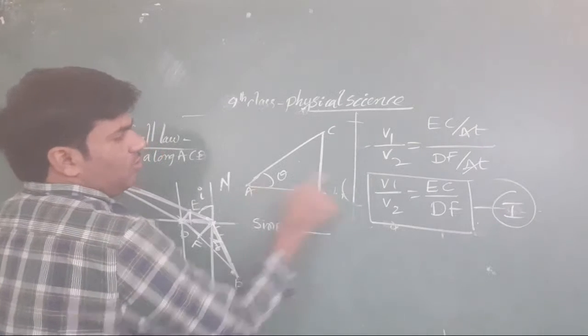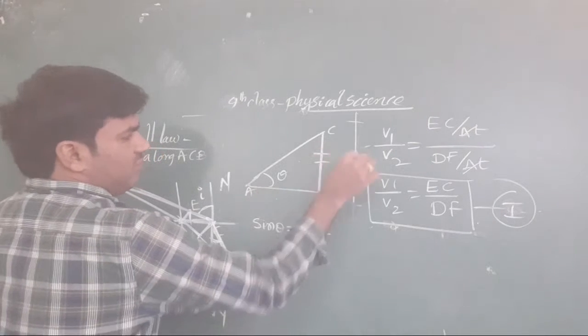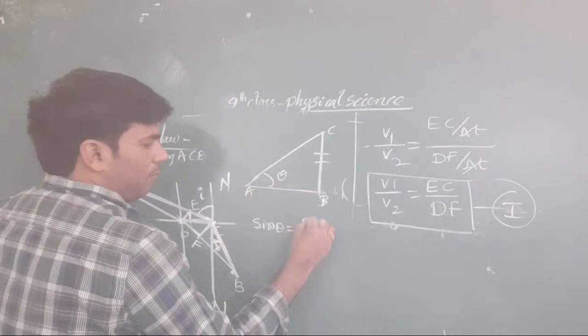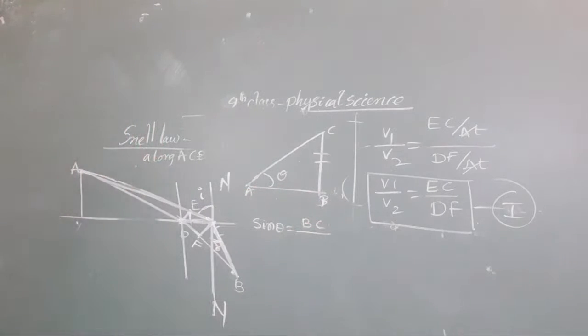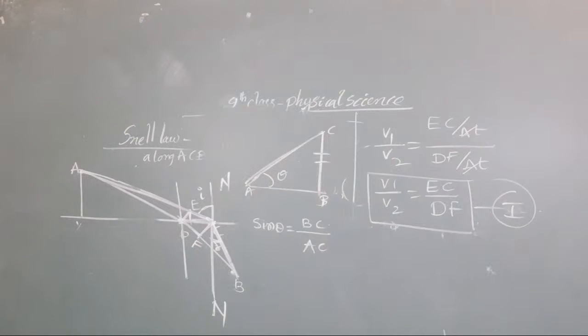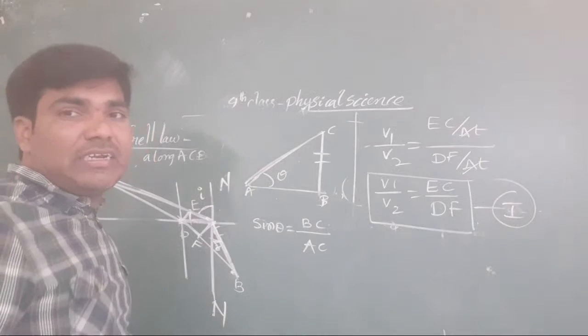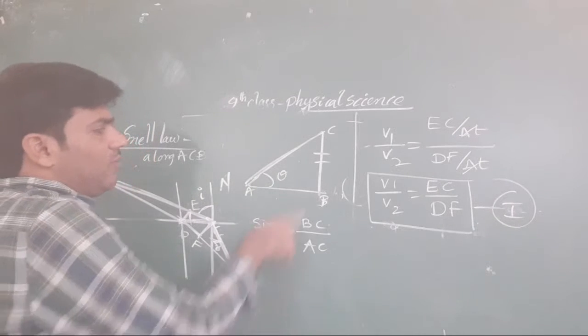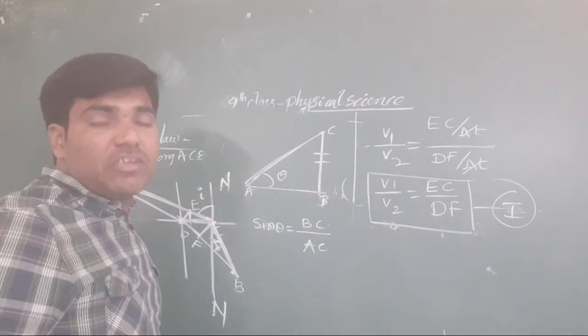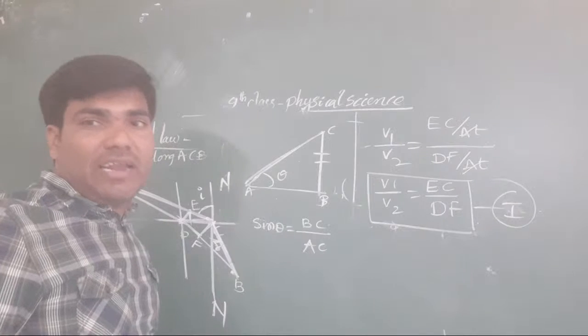Sin theta is equal to the opposite side to theta, which one? This one, that is BC. Clear or not, all the students? BC by AC, the hypotenuse. Sin theta is equal to the opposite side by the hypotenuse. That is how the sine of an angle is defined.